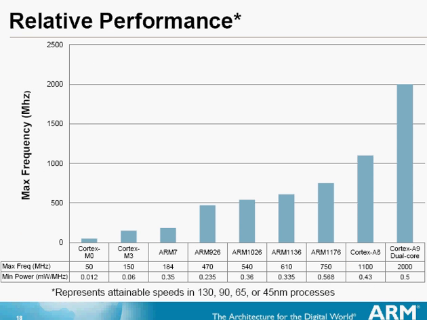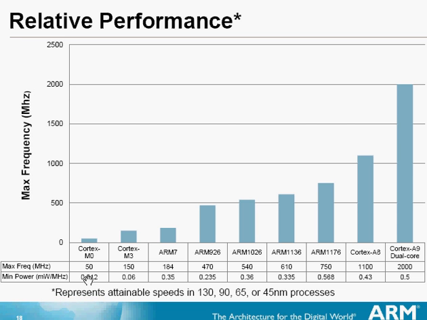This slide gives you a little idea about the relative performance between different ARM versions, different ARM cores, from Cortex-M0 to Cortex-A9 dual core. This y-axis is the maximum frequency in megahertz, and this one is the minimum power in milliwatt per megahertz.